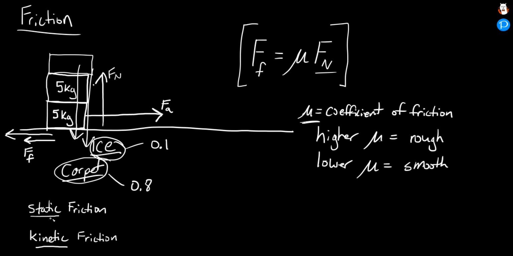So for static friction, that would be like if I have these blocks here and I'm pulling on them with a rope, okay? Static friction is the thing that opposes that motion where they're not even moving. It's basically the thing that keeps that block there. So you can think about as you start to pull and these blocks are not moving, you're applying a force, you're pulling this way, but the blocks don't move.